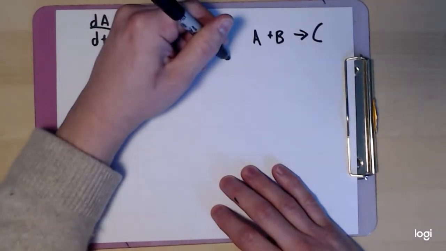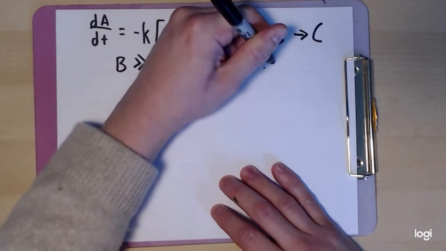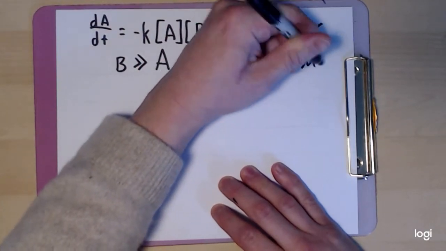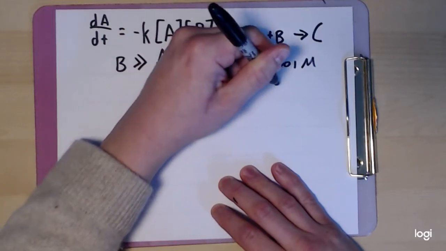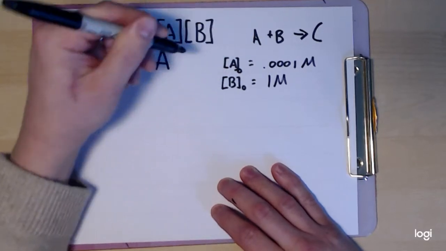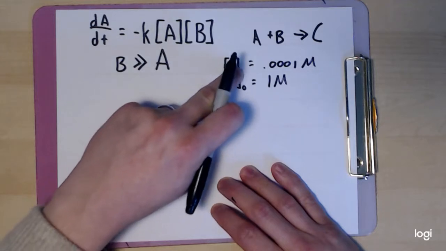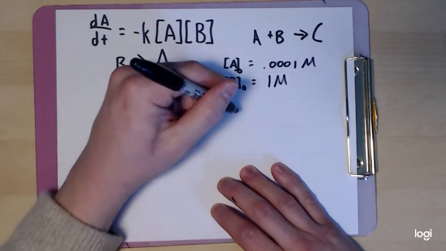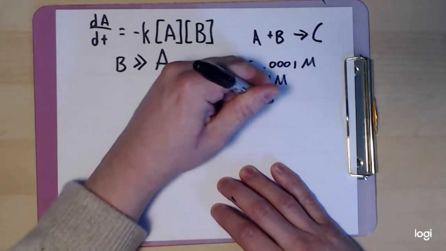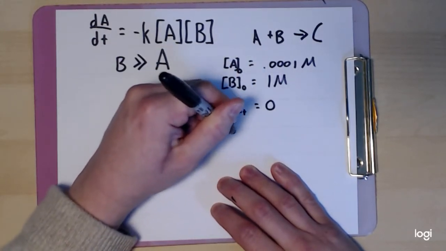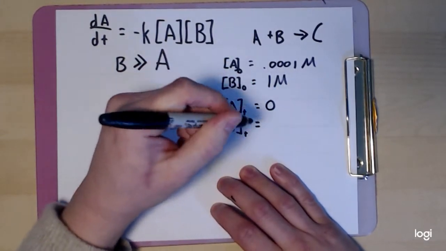So let's say, for instance, at time 0, our starting concentration of A might be 0.0001 molar, and the concentration of B starting off might be 1 molar. So A is much smaller than B. So at any time in the future, even if you use up all the A, so A at time t equals 0, your concentration of B at time t, because there's so much more of B than A, will have hardly changed at all.